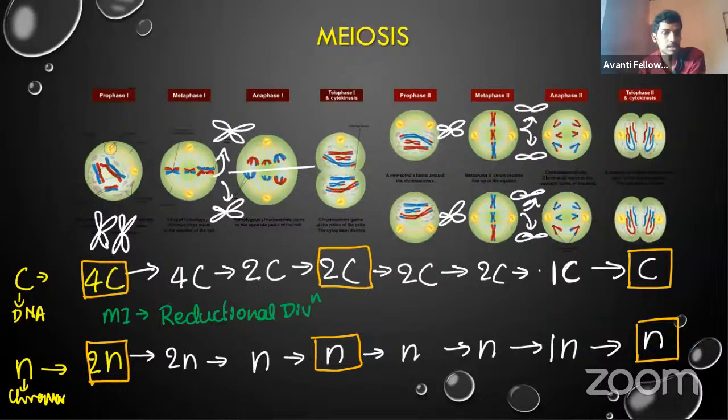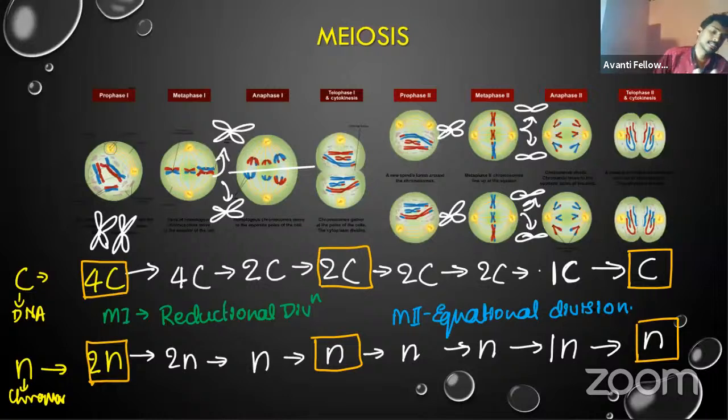The chromosome number is not at all changing. That's why we call M2 the, I will write it above, equational division. We call it the equational division.